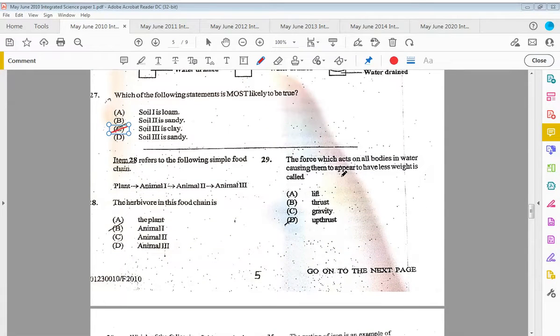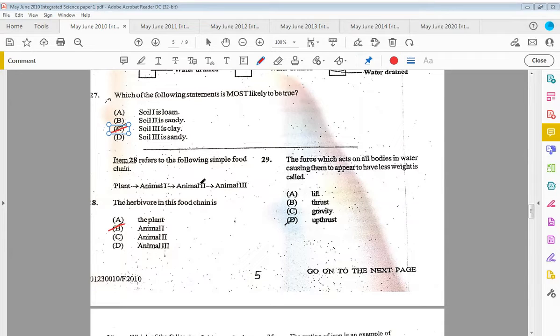Item 28 refers to the following simple food chain. So we have plant to animal 1 to animal 2 to animal 3. 28, the herbivore in this food chain is animal 1 because animal 1 eats the plants. So we have it in the order: we have the autotroph or the producer, we have the primary consumer, which is the herbivore.